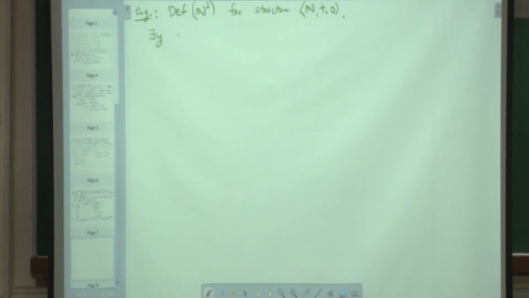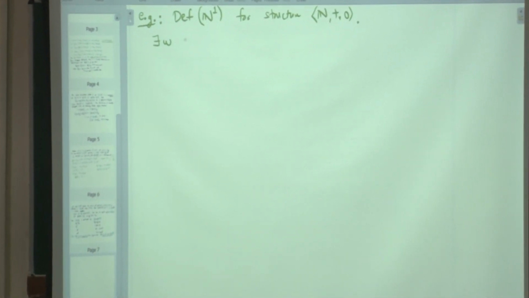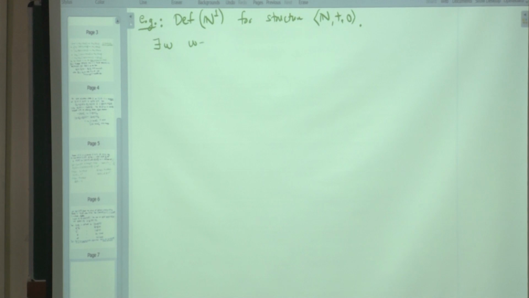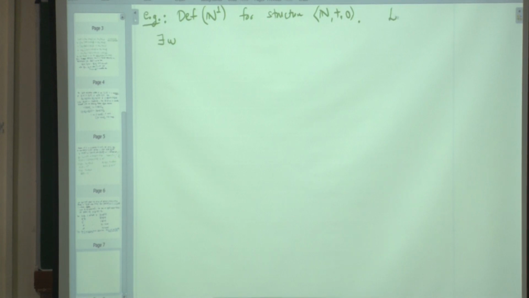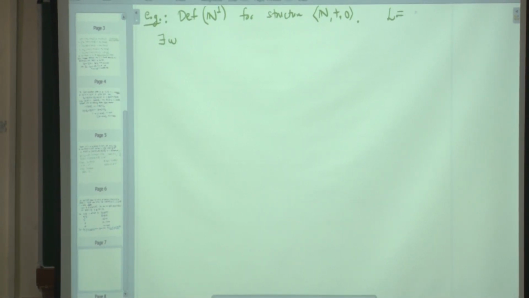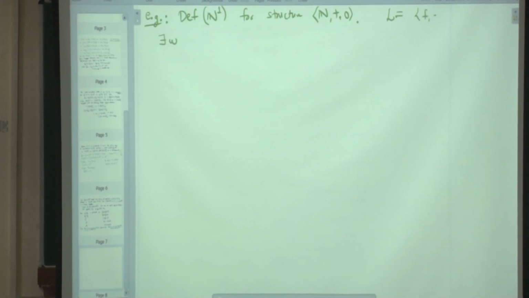I can always say that there is a w such that w plus w plus w, I mean, maybe I should write the languages f and e. This is 2 and this is 0. So there exists a w such that f of w, w, w is equal to x. This is a formula which defines multiples of 3.